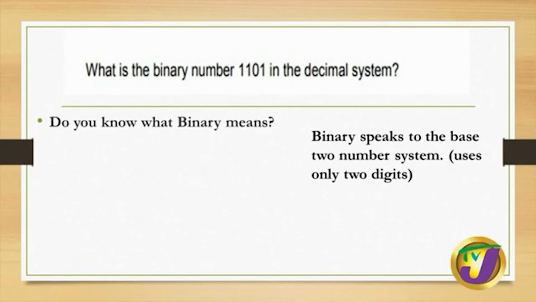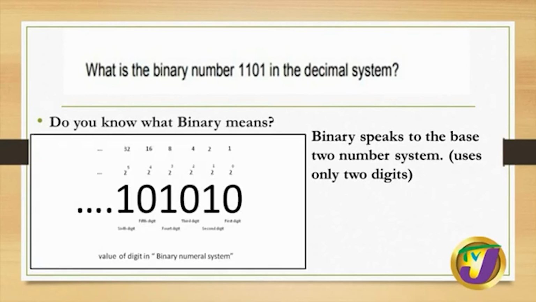I said 2 digits it uses. So it uses 1 and 0. Unlike our system, where we use 10 digits. We use 0 all the way to 9. And that's why it is the decimal system, or the base 10 system.